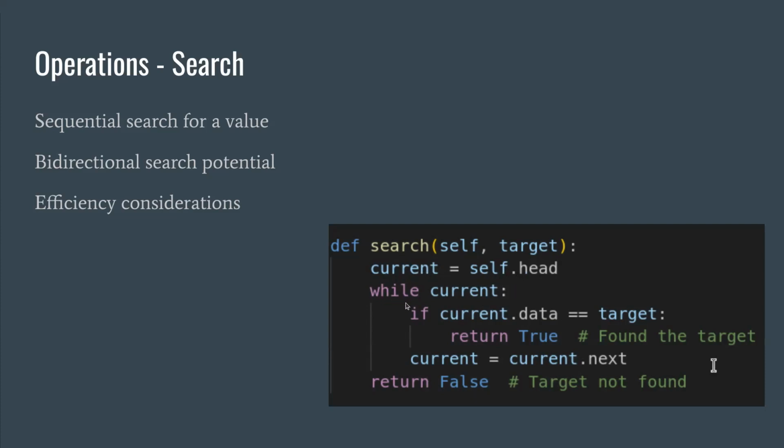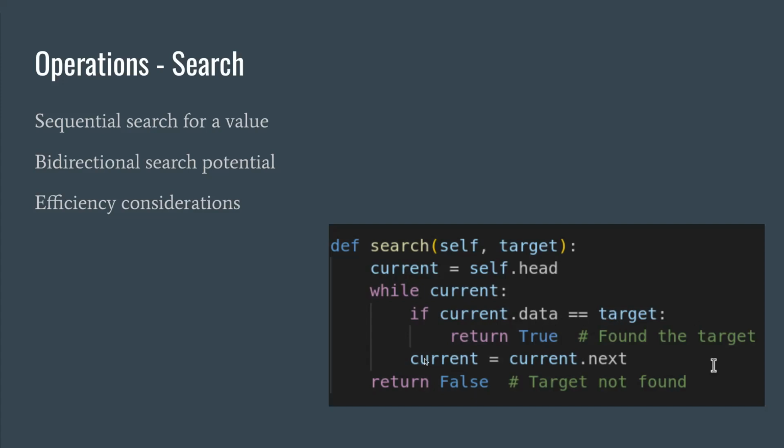And we will also have a while loop because, as you've seen from a traversal example, you have to go through element from the head or tail. We will check if the current data equals target. If that's the case, we'll return true.